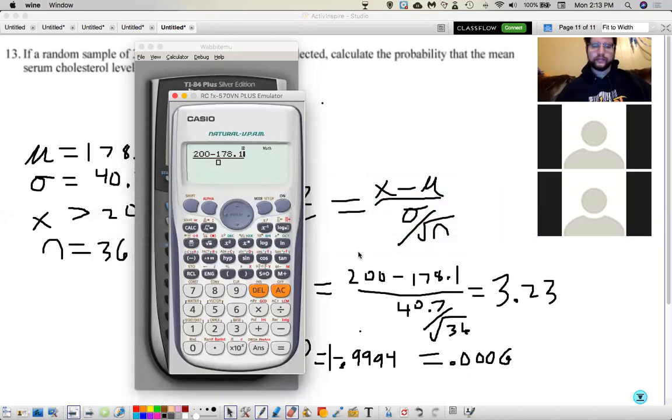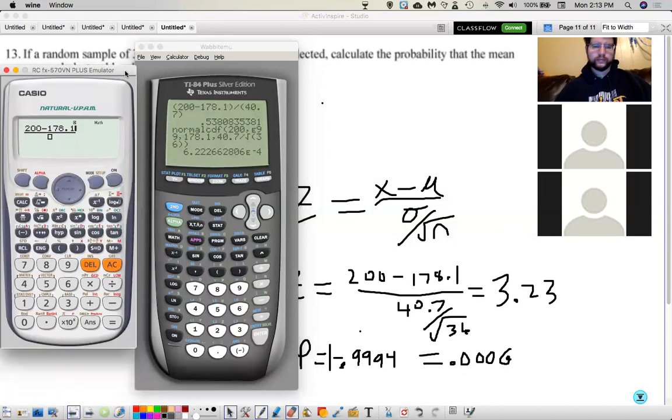Casio, same thing. Go to your distributions, normal CDF, lower bound of 200, upper bound of infinity, 1 times 10 to the 99. So 1 times 10 to the 99, that's 1 followed by 99 zeros. That's what we use as infinity. It's pretty much the biggest number these calculators can handle.